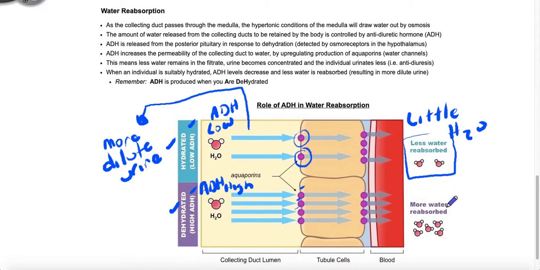So more water gets reabsorbed back into your body. And of course that makes sense because you're dehydrated, so you don't want to lose more water via your urine. So then your urine becomes more concentrated.